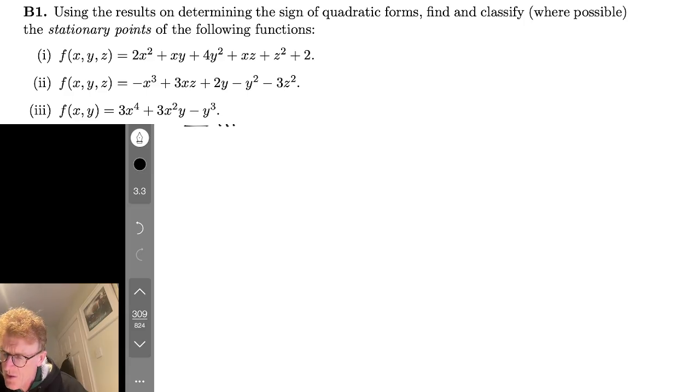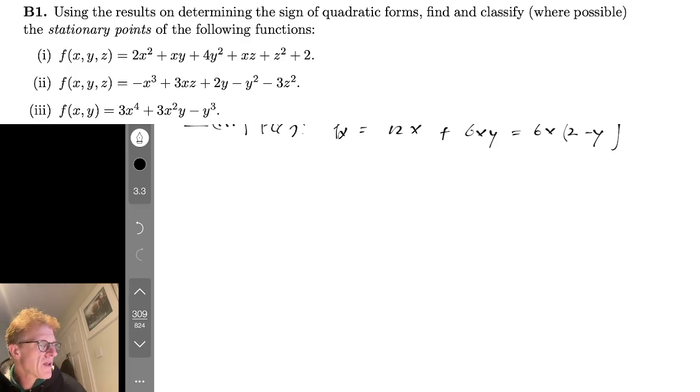3. We do the FOCs. Fx is 12x plus 6xy is 6x, 2 minus y, is 0.